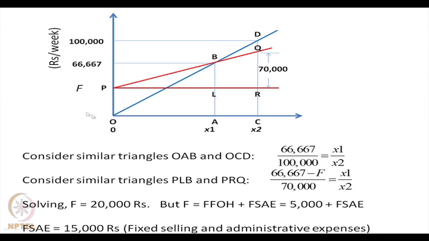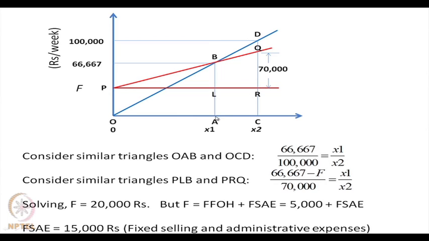Now, this is the break even chart, the revenue, the fixed cost and the total cost. Now, here this is the break even point and this is the actual value at which the company is operating and it has made some profit.